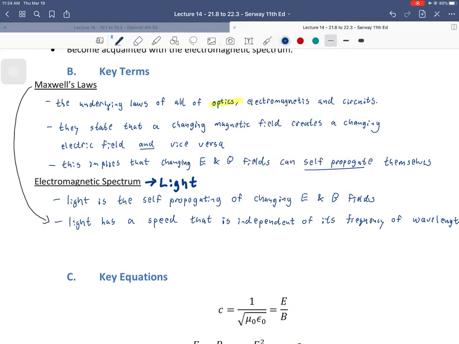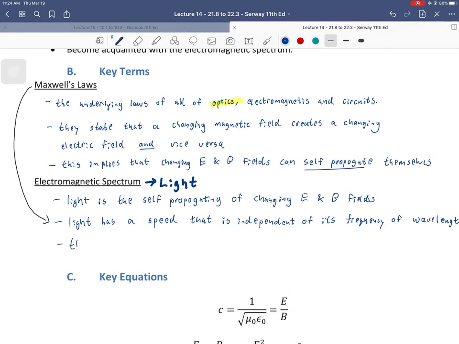What I do want to point out is that because the speed is independent, it means that as the wavelength goes up, the frequency must go down. And that creates this spectrum part. Because that way, if you know the wavelength of a particular type of light, a color of light, then you automatically know its frequency because the value of speed is constant.